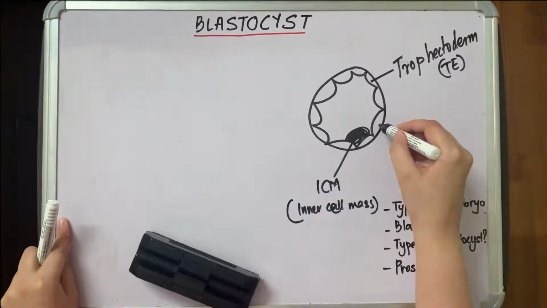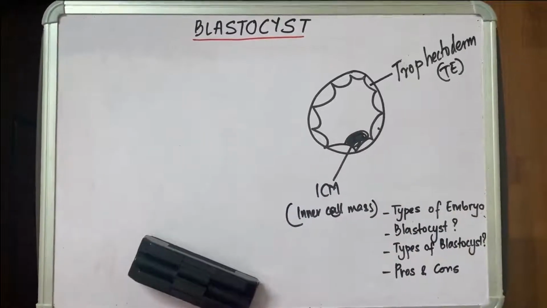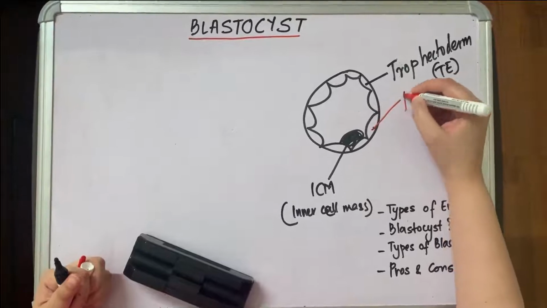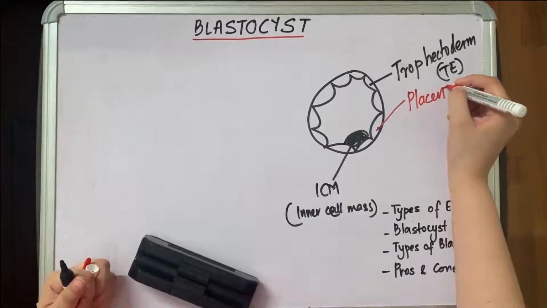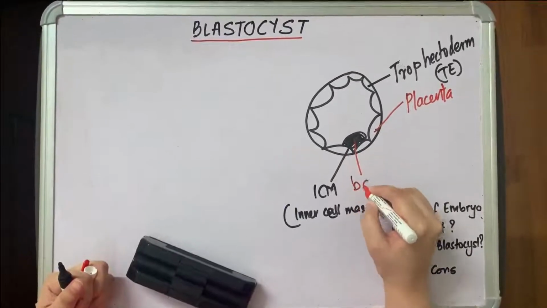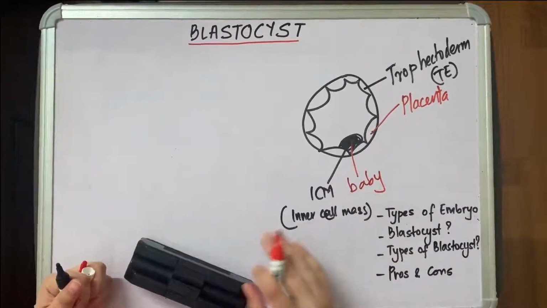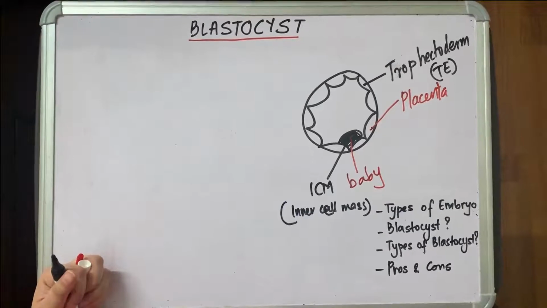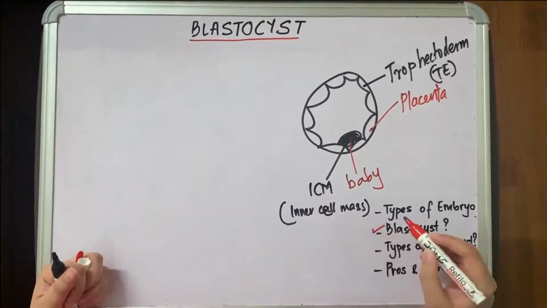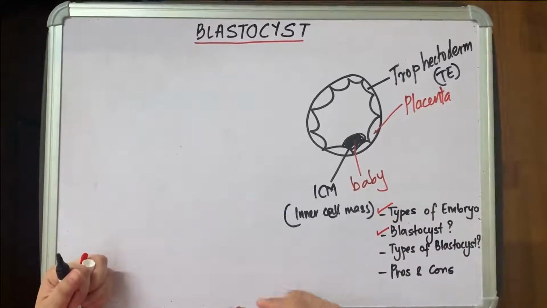This is something which when implants into your uterus, the trophectoderm will form the placenta and the ICM will form the baby. So what happens once the embryo reaches a blastocyst stage is that there are two separate cell lines. Now that is what is a blastocyst, and we've covered types of embryos.